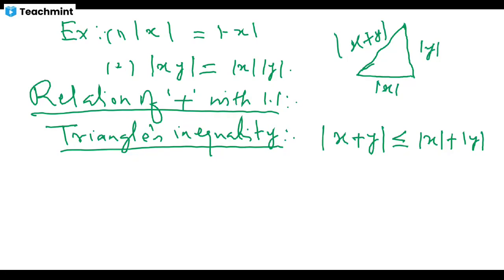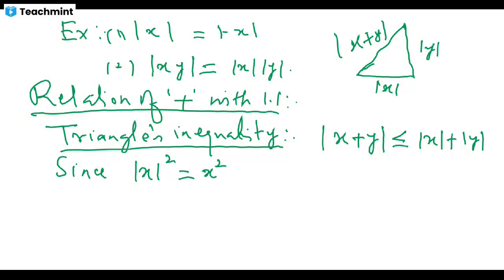But how are we going to prove it? There is another very important property of the modulus function, that the square of a modulus is always the square of the number. This is verifiable and quite clear from the definition.